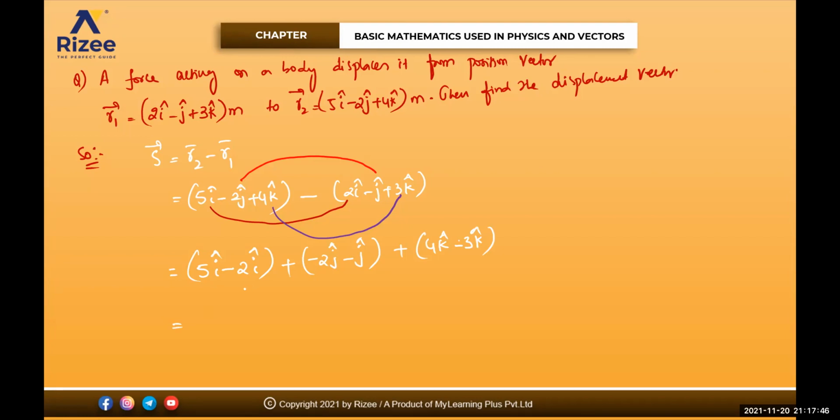So it will be 5 minus 2, which is 3 i cap. How much will it be, beta? Anyone? 3, minus 2 j cap. In the middle there is a minus, na, beta. See, anyone? How much will the j cap become for me?